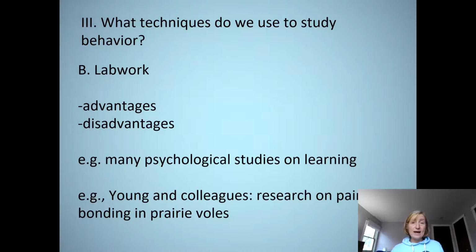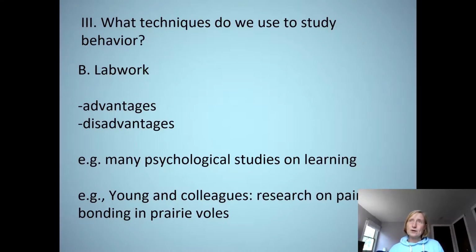And I found out that, yeah, they could easily use learning. They could easily learn to associate a colored light with the presentation of a rival. A rival's coming when they see the light. They knew it. But does this happen in the wild? I think so. I think they probably use learning in the wild, but we don't know for sure because I didn't do it in the wild. So that's one of the big disadvantages.